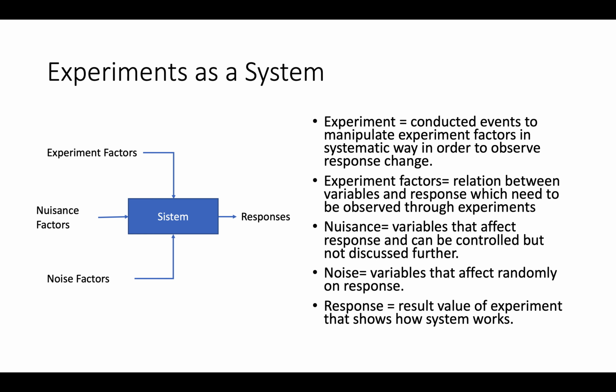If we look back to our first meeting, we know that conducting experiments is one of the main works of a chemical engineer. In conducting experiments, there are a few terminologies that we need to know. First is the experiment factors.